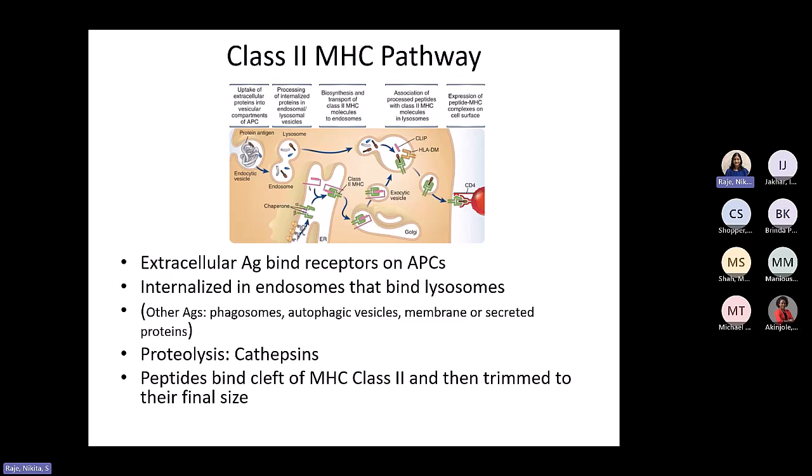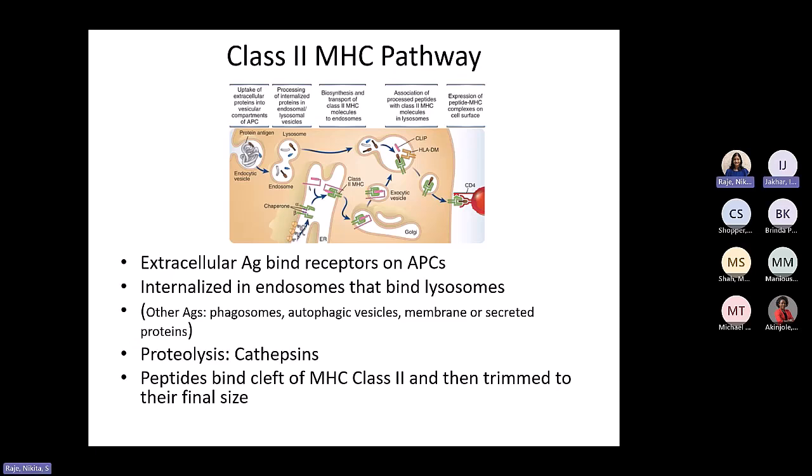Once that transportation occurs, when the class 2 MHC molecule is transferred from the exocytic vesicle to the endolysosome, that part of the invariant chain that was just there for transportation sticks to that vesicle, doesn't go on to the endolysosome, but the cleft is still blocked by the rest of the part, which is called CLIP.